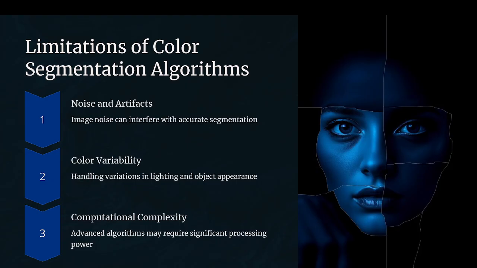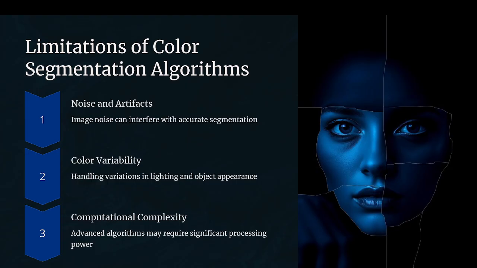Next is computational complexity. Advanced segmentation methods like deep learning need powerful processors and effective memory. This can be a limitation for low-power devices. For example, in traffic signals, color segmentation is used to detect vehicles based on color.